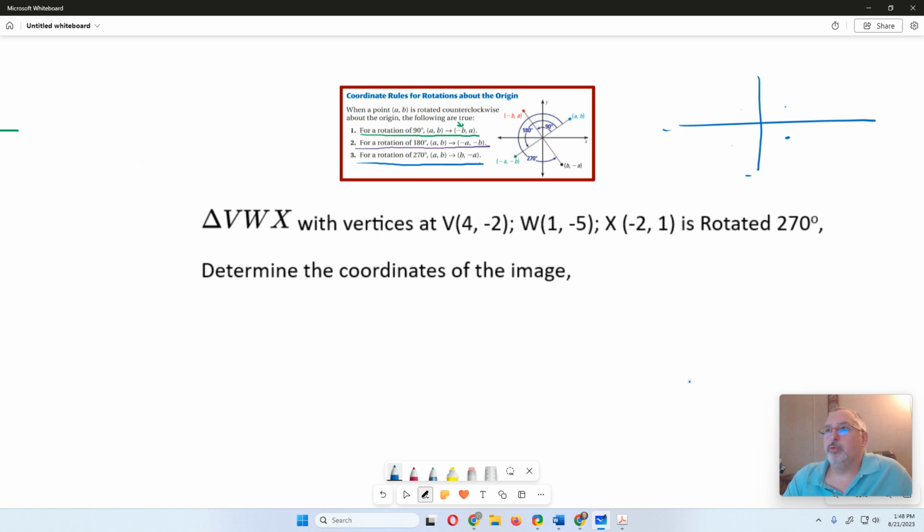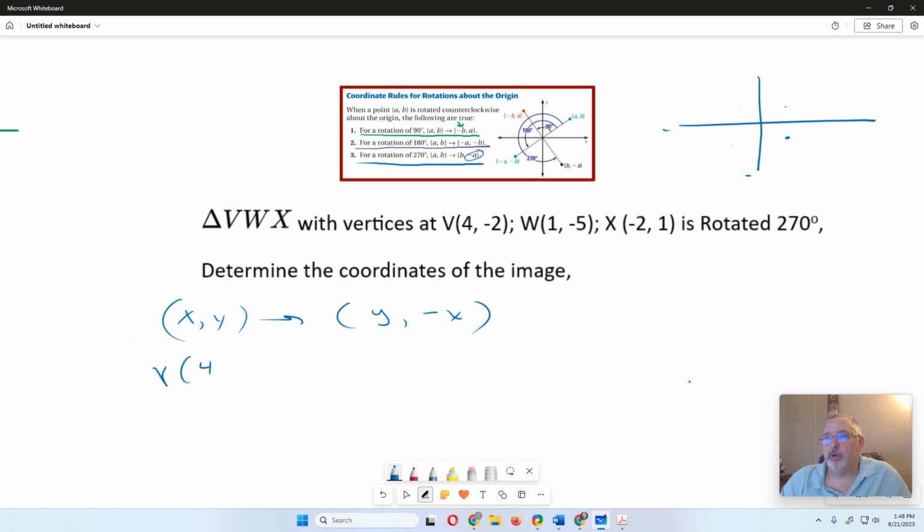Our rule is that we swap the two coordinates, and this time we take the opposite of the first coordinate. We write our rule first: (x, y) turns into (y, -x).